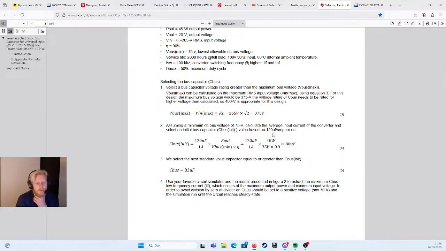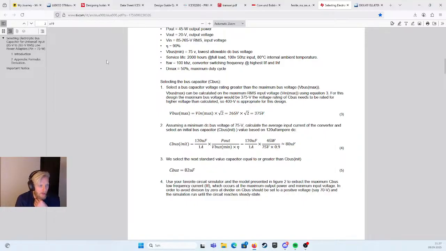Okay, so we choose this based off of 100. So per 1 amp of input current, the capacitance should be 120 microfarads times the power out divided by the V bus in min, which is the 75, times the efficiency, which gives us approximately 80 microfarad.